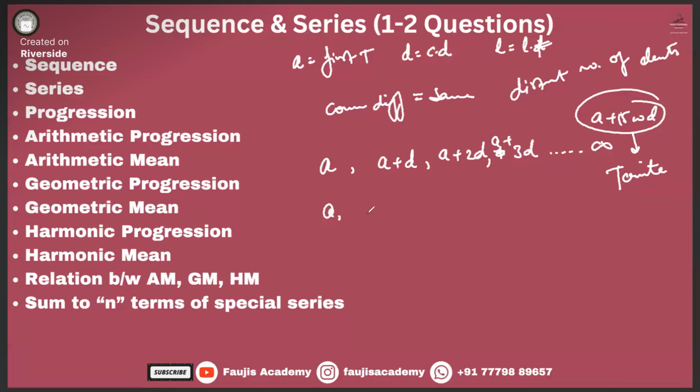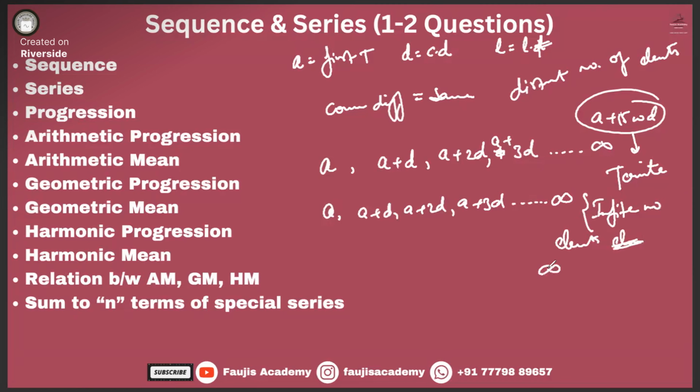But if it goes up till infinity, it has an infinite number of elements, and these are called infinite AP, arithmetic progression.